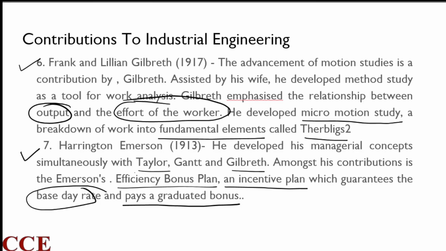So many great people have given contributions to industrial engineering. Whatever is happening today in the area of industrial engineering is the fruit of these great people.